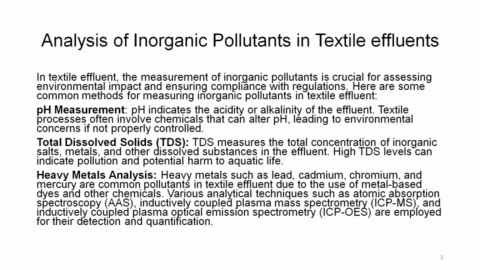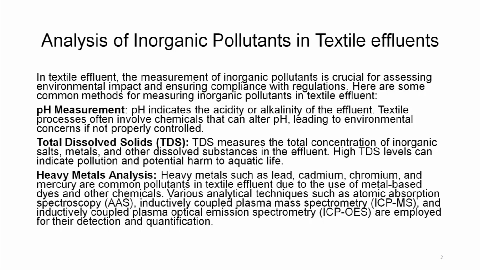Heavy metal analysis, and this we had covered in one of the earlier lectures, but we will look here once again in order to understand how these are analyzed. Heavy metals such as lead, cadmium, chromium and mercury are common pollutants in textile effluent due to their use of metal based dyes and other chemicals.